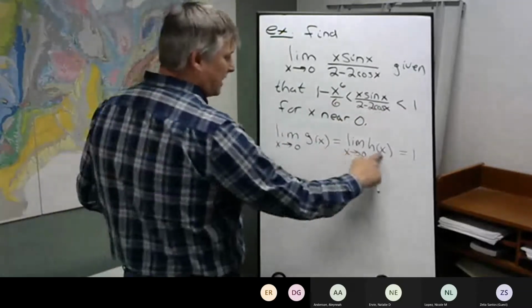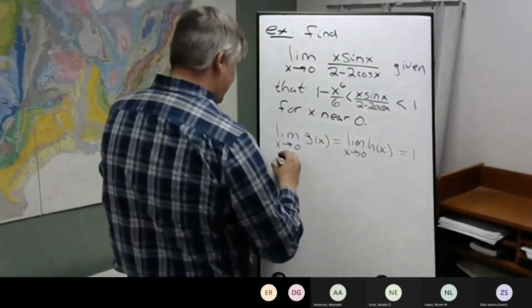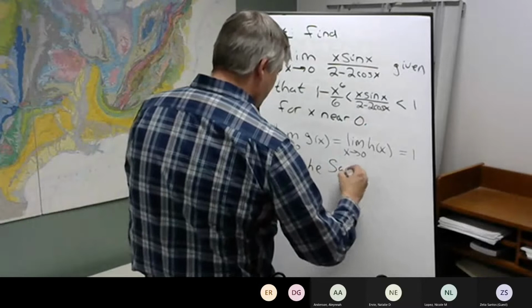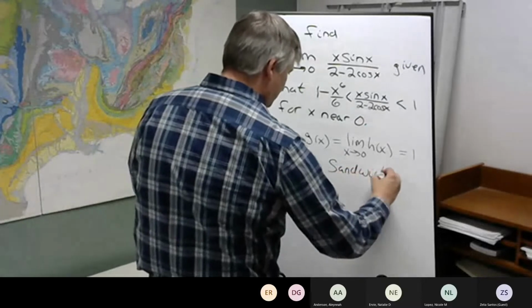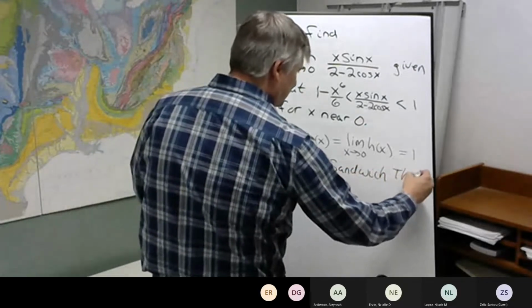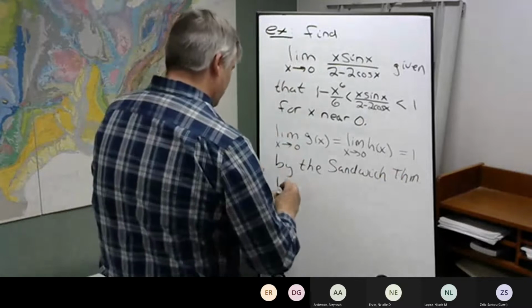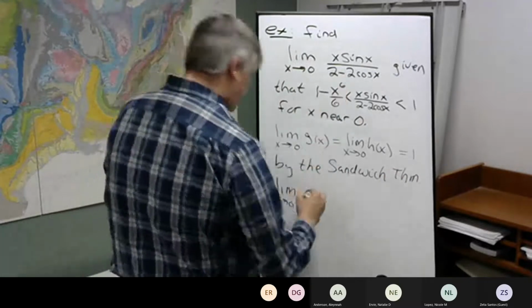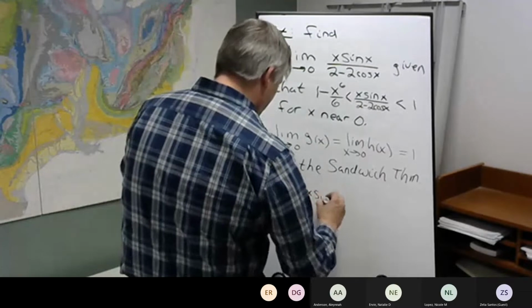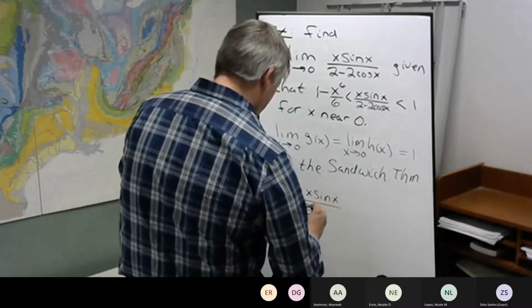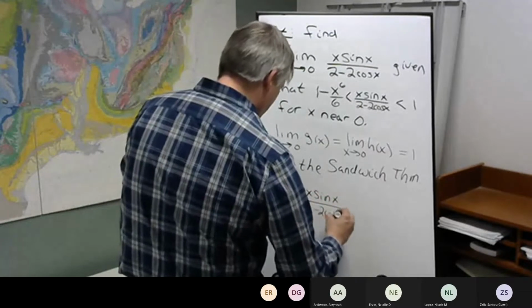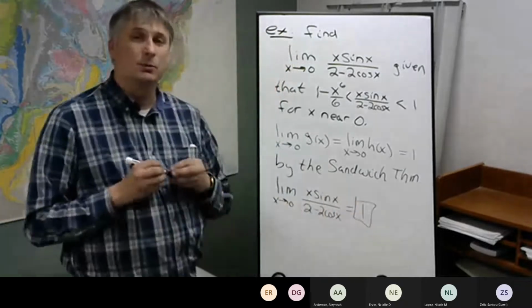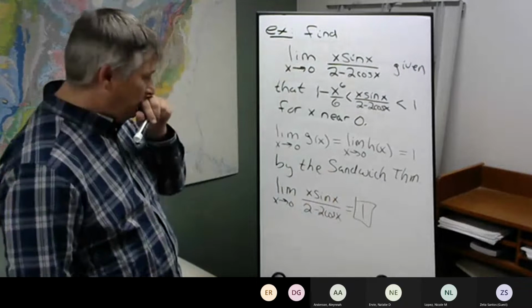So since this turns out to be true, by the sandwich theorem, the limit as x goes to 0 of our f of x is also going to be equal to 1.